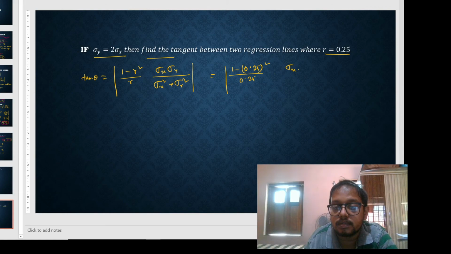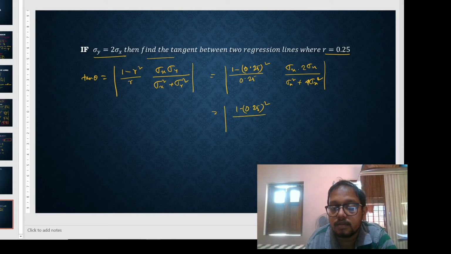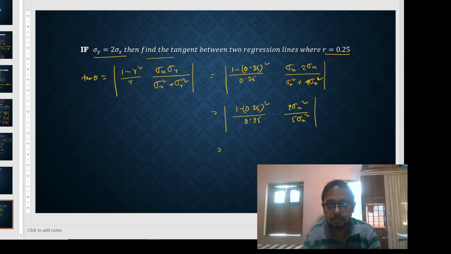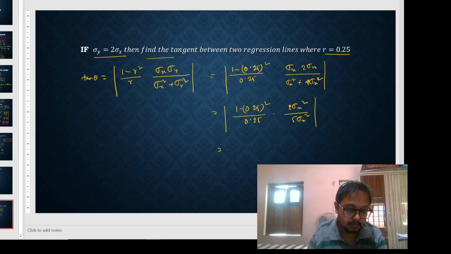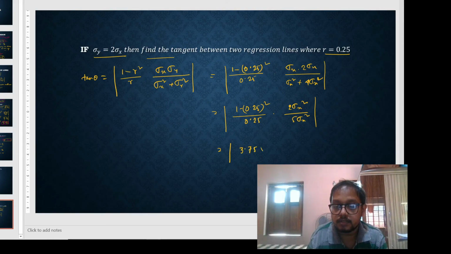Sigma x into 2 sigma x divided by sigma x square plus 4 sigma x square, 1 minus 0.25 whole square by 0.25 into 2 sigma x square by 5 sigma x square, and if you simplify here now we will get 3.75 into 2 by 5.